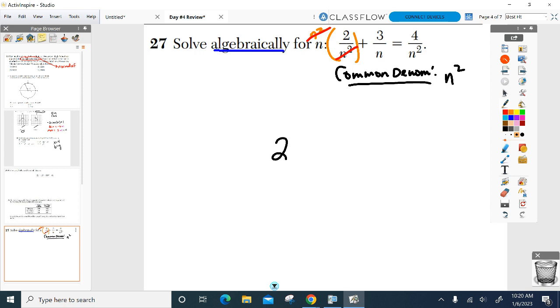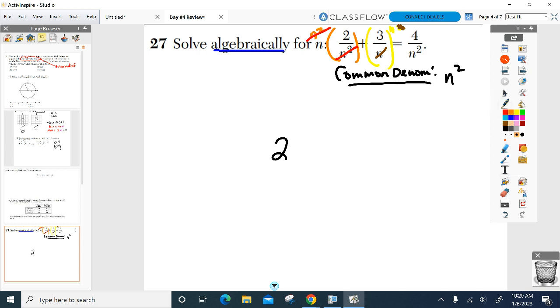Now we go to the second fraction. I still multiply it by n squared. Now they're not going to cancel out completely. This n in the denominator will cancel out with just one of them. So what am I left with? Just one n with the 3.